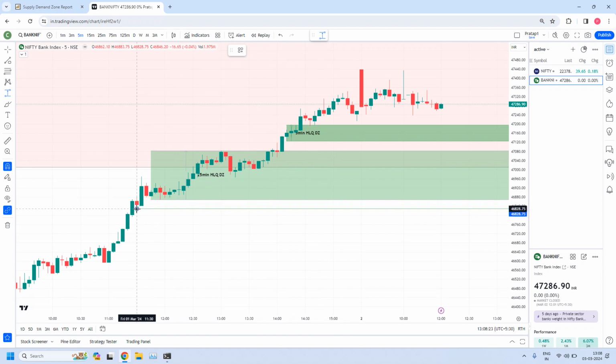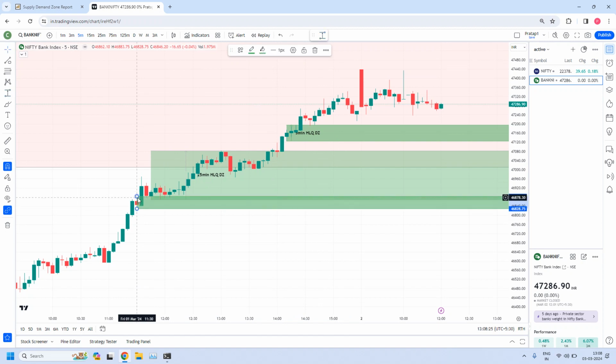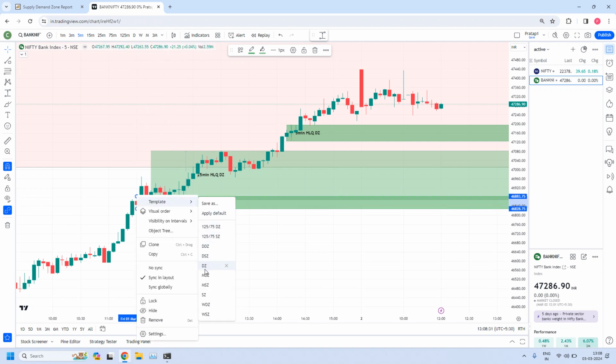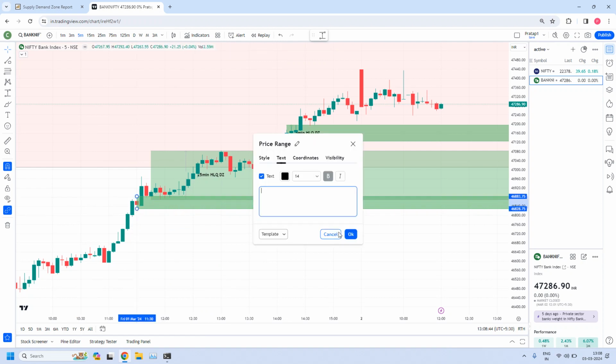This is the main reason behind the strong order flow here. So let me add the text. This is a 5 minutes high liquidity zone.